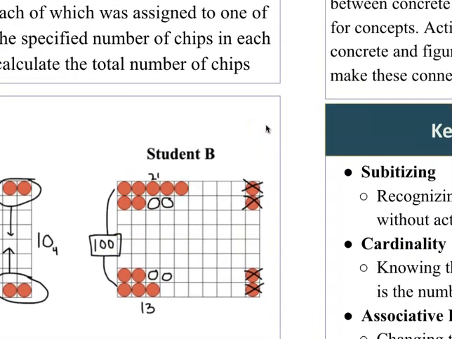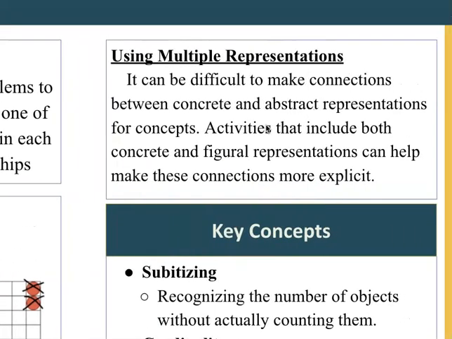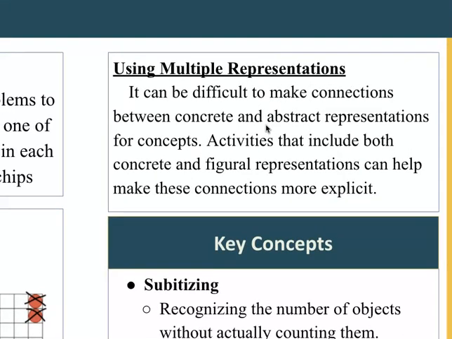It can be difficult for students to make connections between concrete and abstract representations for concepts such as these properties. And so this activity was intended to give students experiences with both concrete and figural representations to help make these connections more explicit.